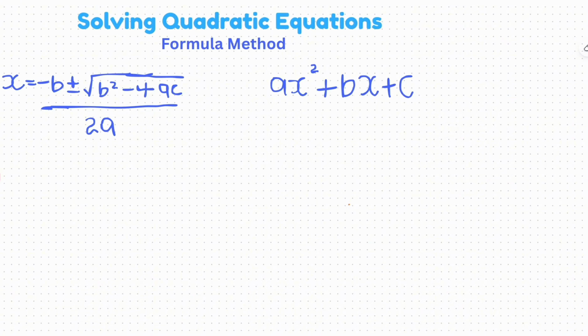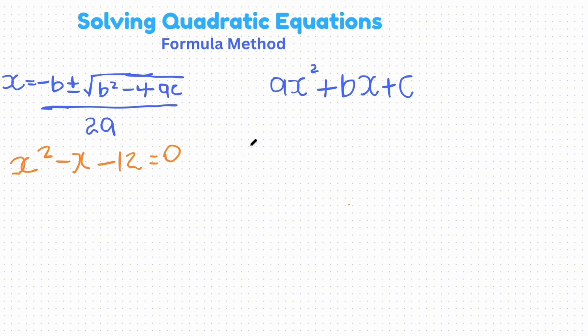Let's use a quadratic that has a negative number. So we'll be solving for x squared minus x minus 12 equal to 0. Pause the video and try.